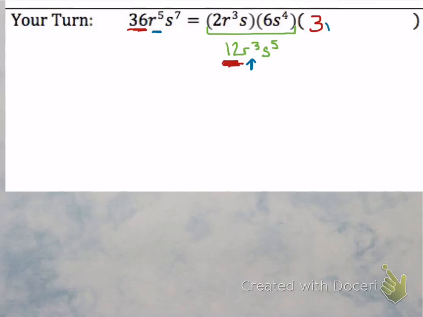So I would need 2 more factors of r. And then for s, I have s to the seventh as my final product, but I only have 5 factors of s. So I would need 2 more factors of s, or s squared. So our missing factor was 3r squared s squared.